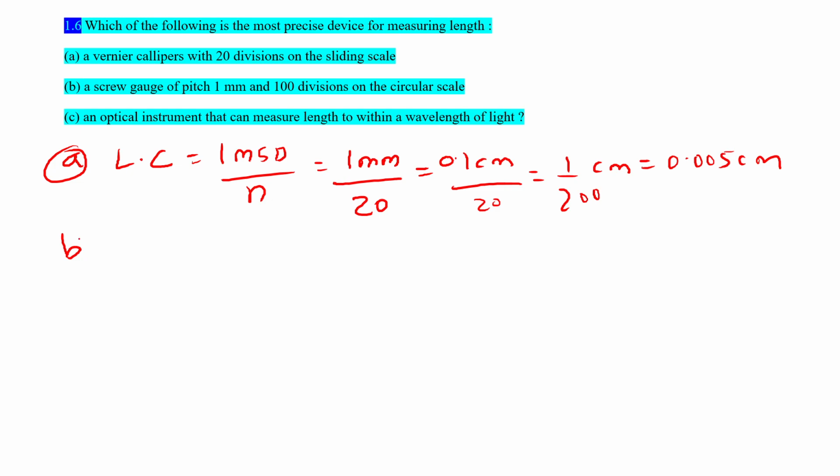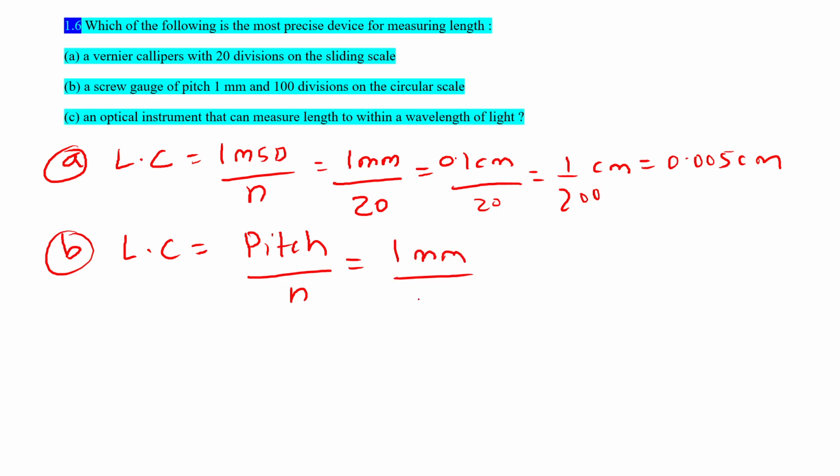Let's go to the screw gauge. Here the screw gauge pitch is 1 millimeter and there are 100 divisions on the circular scale. What is the least count? Least count is equal to pitch divided by the number of divisions on the circular scale. Pitch is 1 millimeter and the number of divisions is 100.